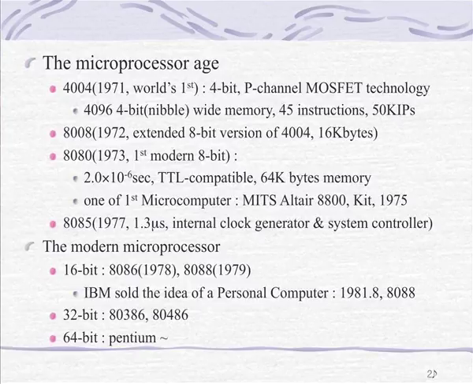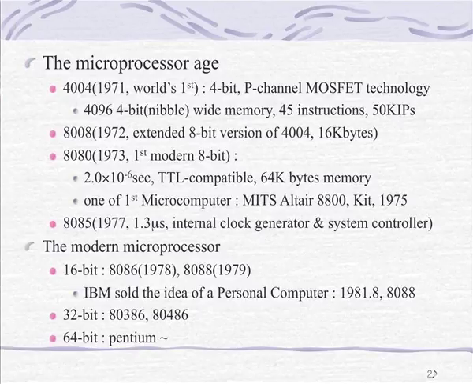Then came the 8085 microprocessor, that is the Intel 8085 microprocessor. It used a clock generator and system controller. The modern microprocessors used nowadays are 16-bit, 32-bit, 64-bit.